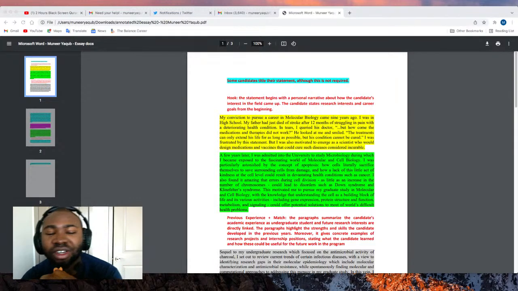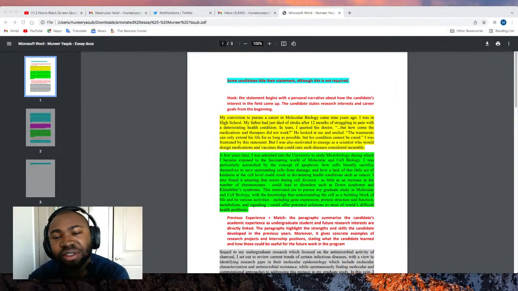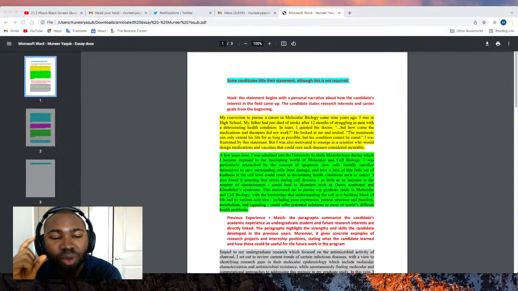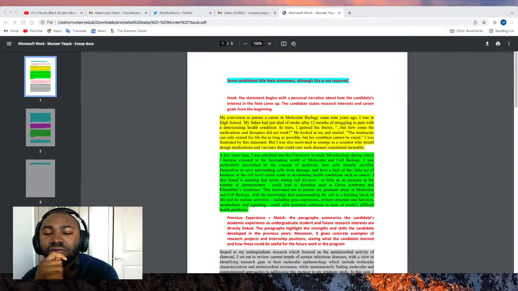They know the school you graduated from, so you don't have to say you graduated from Obafemi Awolowo University or the University of Lagos. They don't care; that information is already there. They want you to convince them why they should select you over other candidates. So the first paragraph is where you hold their attention.